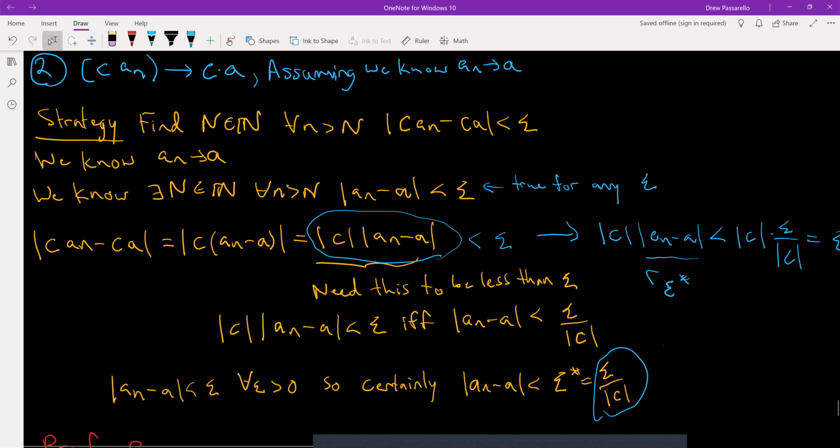So we used our knowledge of the convergence of a_n to A to find the bound we need in order to get the whole quantity, the absolute value of C times the absolute value of a_n minus A, to be less than epsilon. All right, so that's the strategy. Now the actual proof.